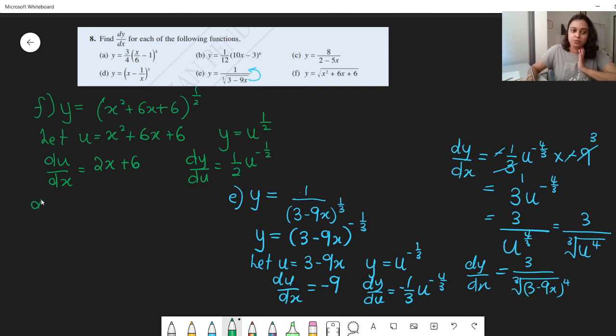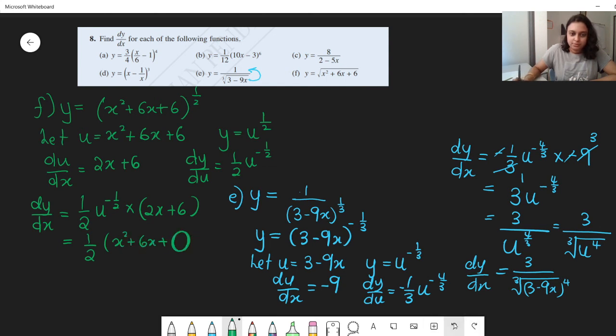From here, you use the chain rule. So dy dx equals dy du, this one first, times 2x plus 6. Over here, we can substitute the u in: x squared plus 6x plus 6 power of negative 1 over 2, times 2x plus 6.